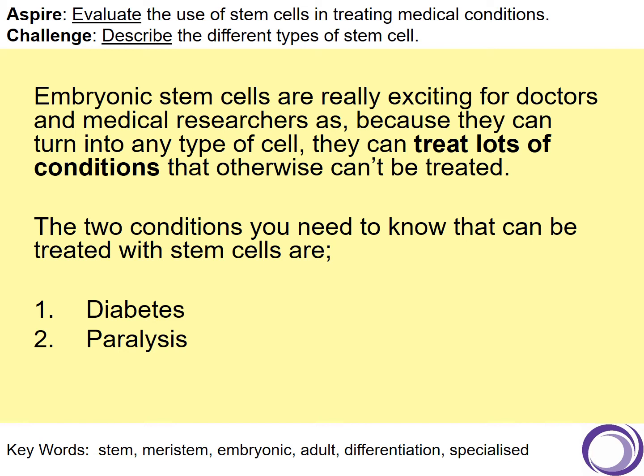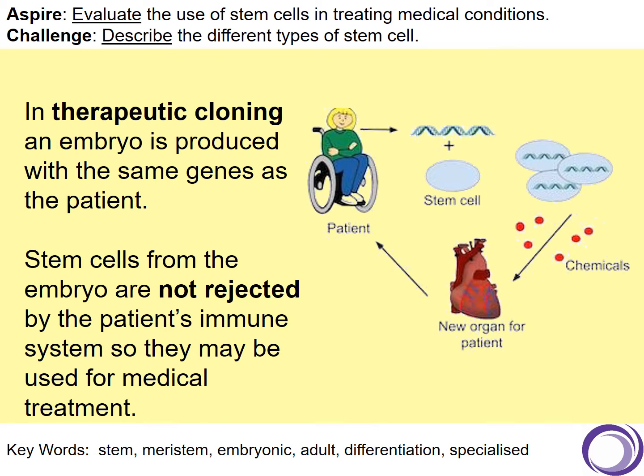The two conditions that they really want you to know about are diabetes and paralysis. So they can help cure diabetes and they can help cure paralysis. Let's just take paralysis for this instance.